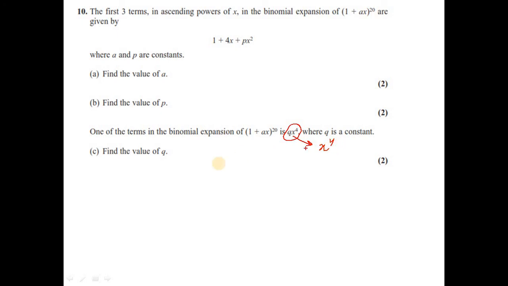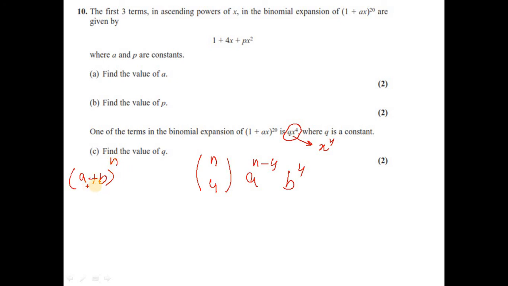So the idea is we have the expansion nC4 a^(n − 4) b⁴. This is the expansion of (a + b)^n.